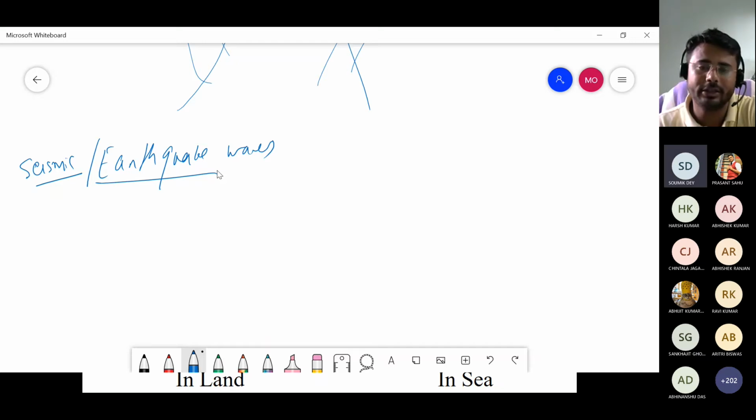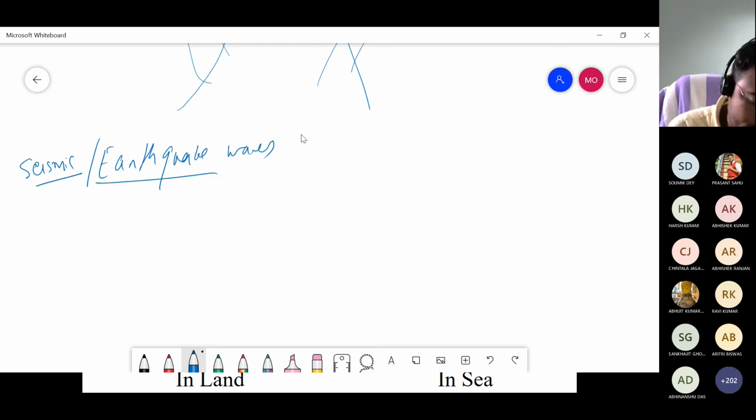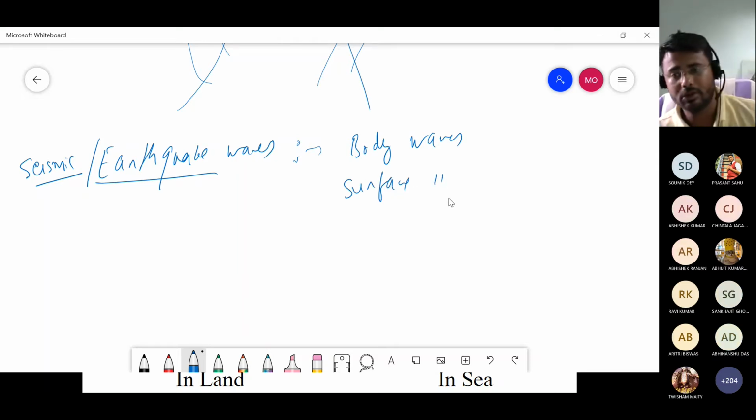So these are known as seismic waves. Why the importance of seismic waves is that we will be trying to understand about seismic wave in the next class. See, there are two types of waves whenever a seismic activity or earthquake is being produced. One is body waves. The other one is surface waves.